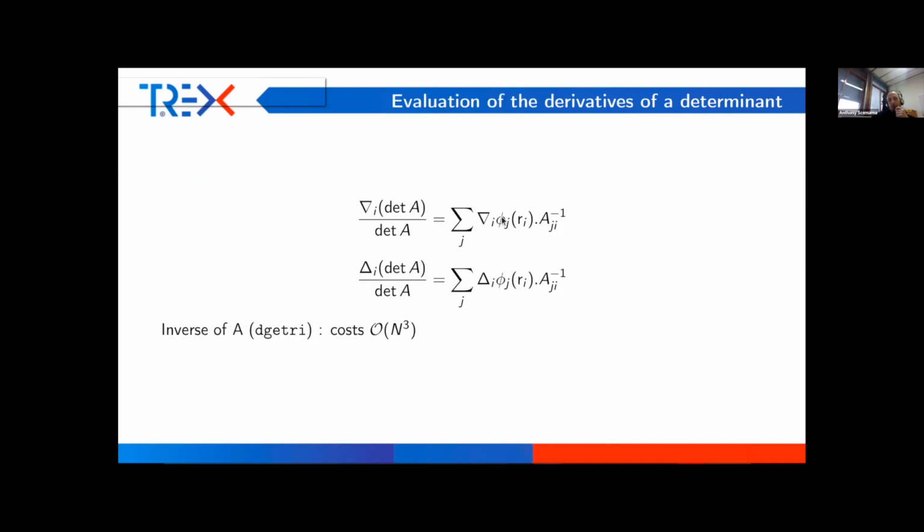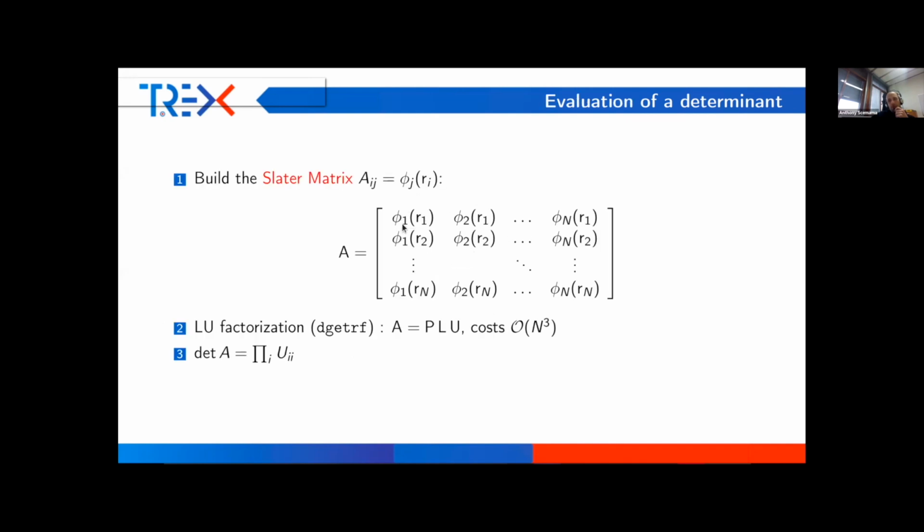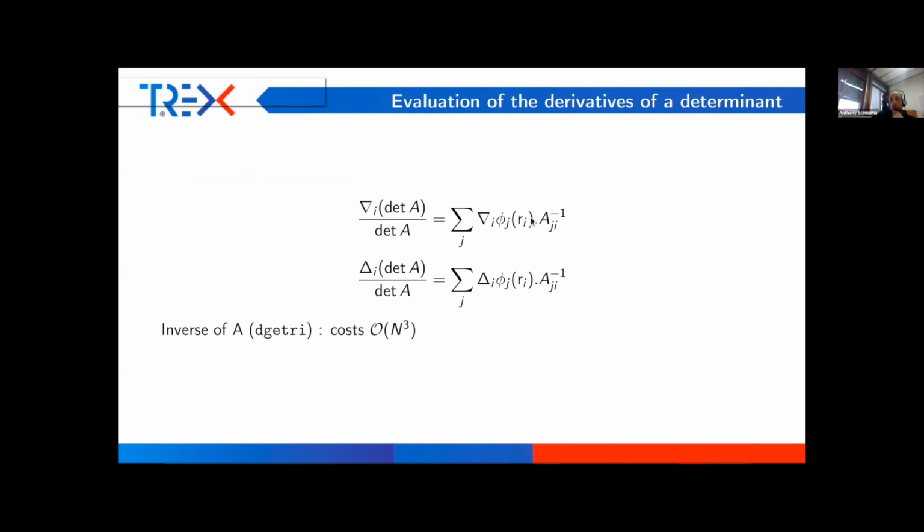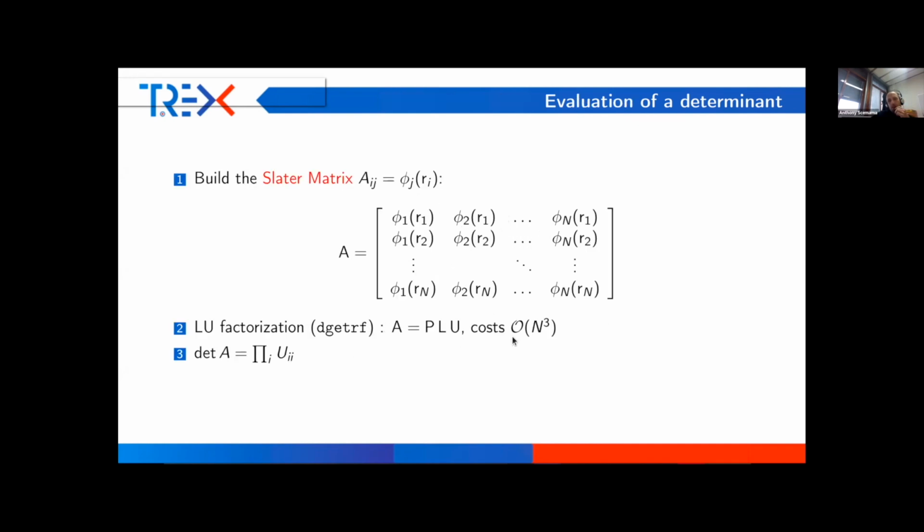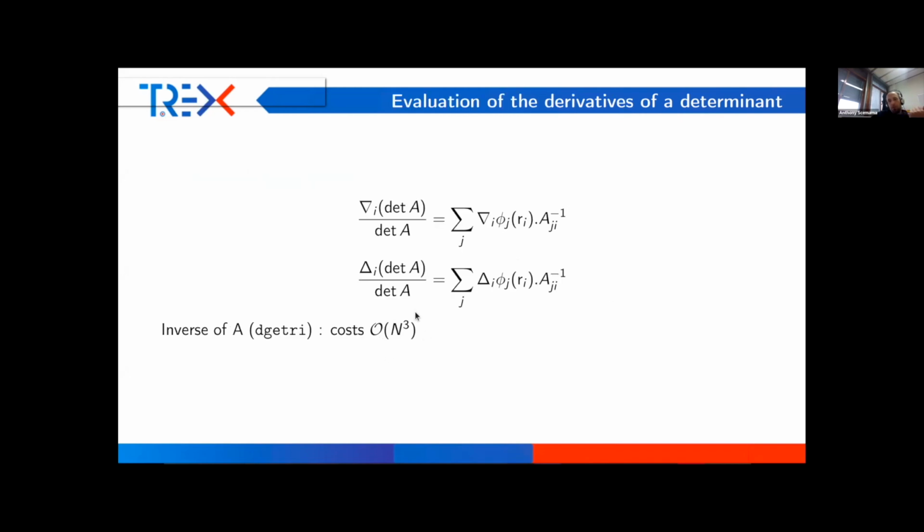Similarly for the gradient, this matrix is the matrix where you have the gradient of the orbitals. You need to multiply these elements by the inverse of the Slater matrix. So you need also to invert this Slater matrix, and so it costs also n to the power 3.